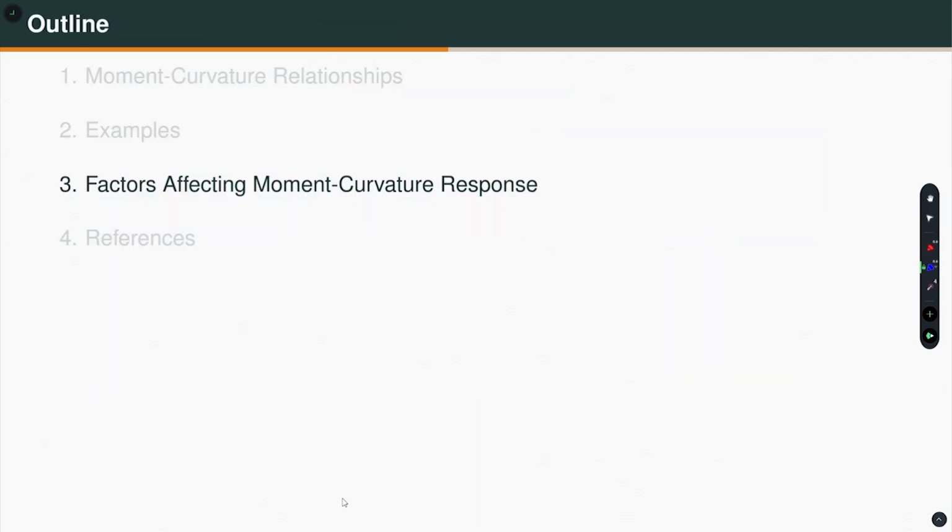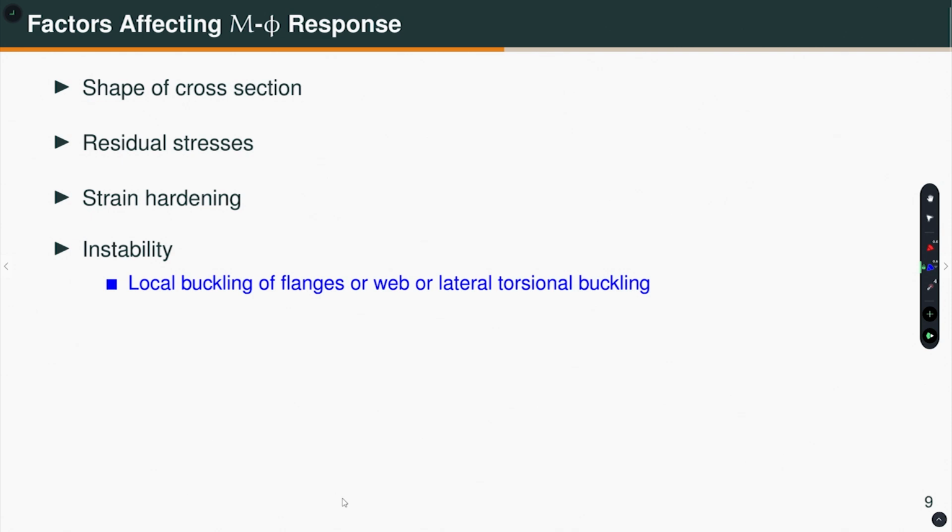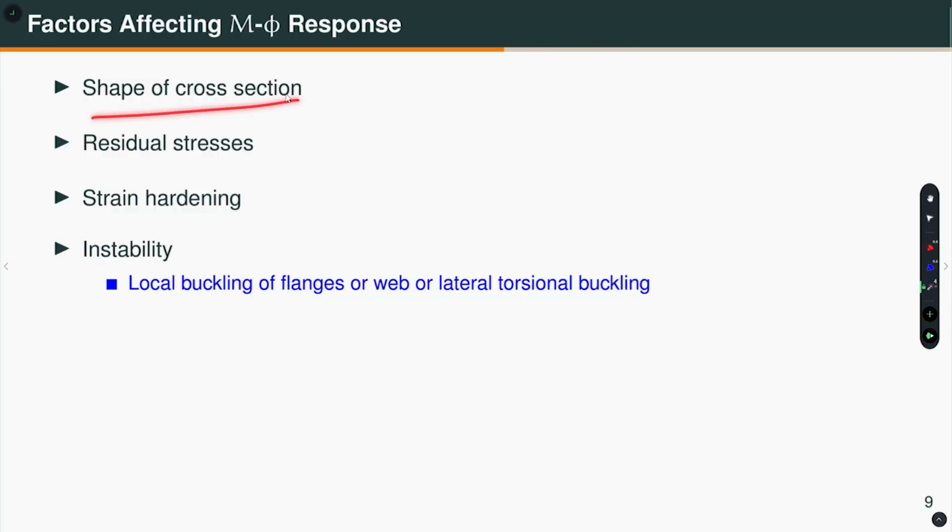Now, let me talk about the factors affecting the moment curvature response. As you have seen, for different shape factors, the moment curvature response approaches the plastic moment at a different rate. So, the cross section shape is a factor that affects your moment curvature response.